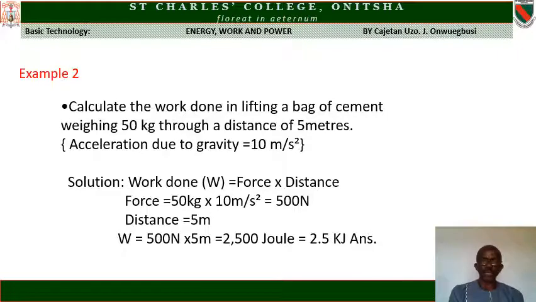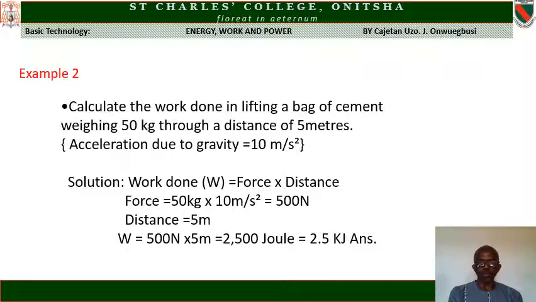We look into some examples. We take example number 2. Calculate work done in lifting a bag of cement weighing 50 kg through a distance of 5 meters. Acceleration due to gravity is given as 10 meters per second squared. In solving this, you write the formula work done, W equals force times distance.